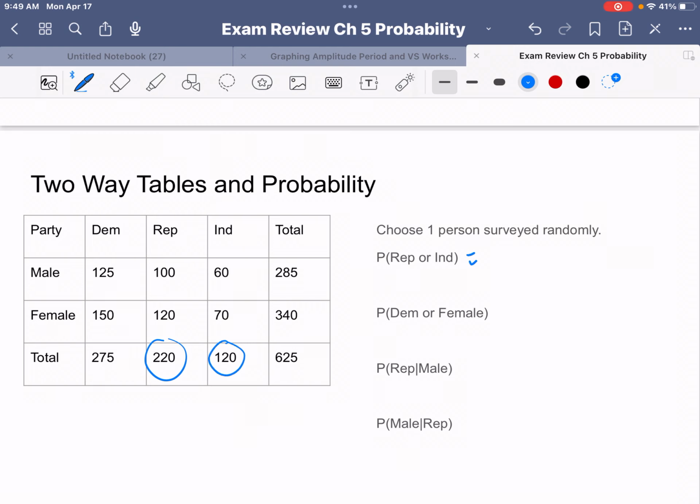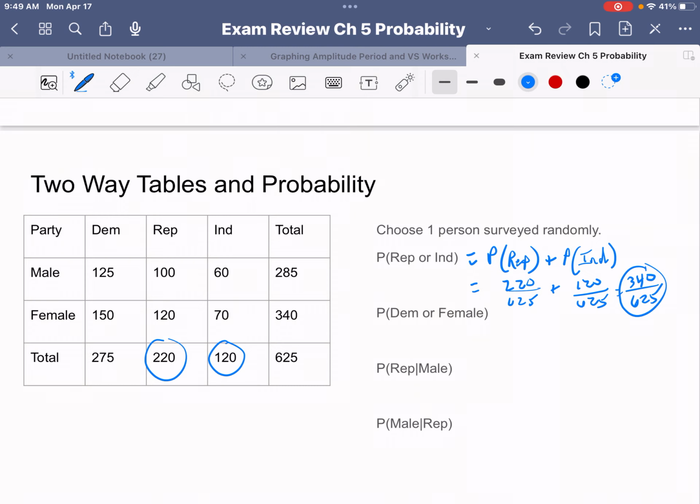So can I say that this is equal to the probability of Republican plus the probability of independent, and being that they're mutually exclusive, 220 out of 625 plus 120 out of 625 equals 340 out of 625. Grab your calculator and convert that to a percentage.